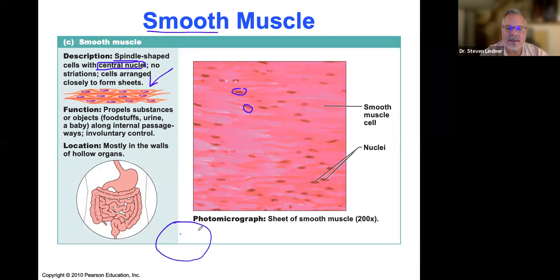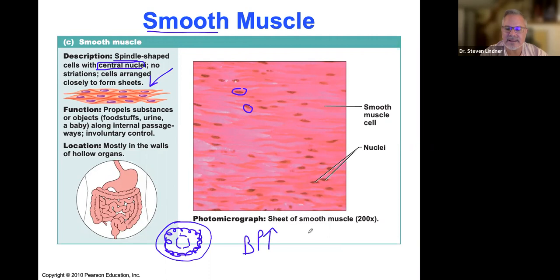So if we have this internal layer of a blood vessel, and then we have this smooth muscle layer, and then we have an elastic layer. It's this smooth muscle layer that looks like a spiral, that middle layer, that can constrict or dilate. When it constricts, blood pressure goes up.